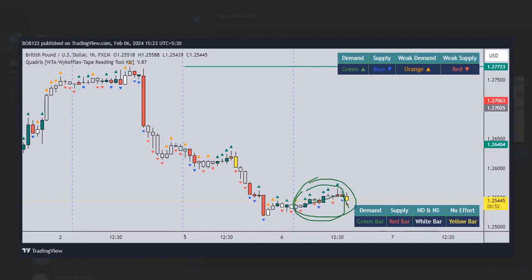Price was coiling in, and then after that, this was the last bar which I shared with you all.